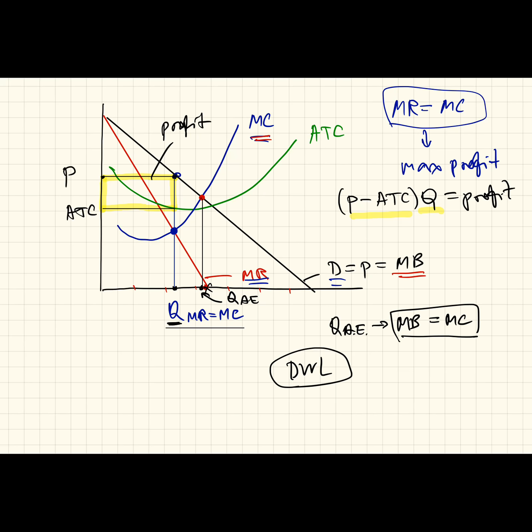And to remind you how to find deadweight loss, let's recall this picture. If this is your MC, this is your MB. If you're exactly at the point of allocative efficiency, then there is no deadweight loss, and you're actually maximizing your total surplus, as this area. This is your total surplus, right? But if for whatever reason we're producing less than what is efficient, let's say this quantity, then we will fail to capture the entire area of total surplus.